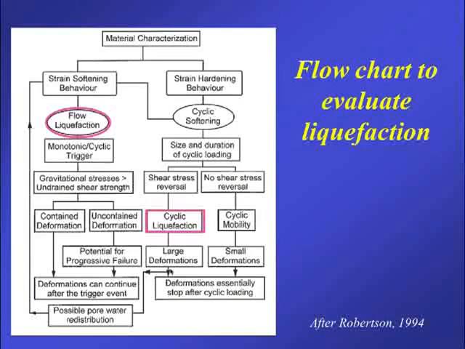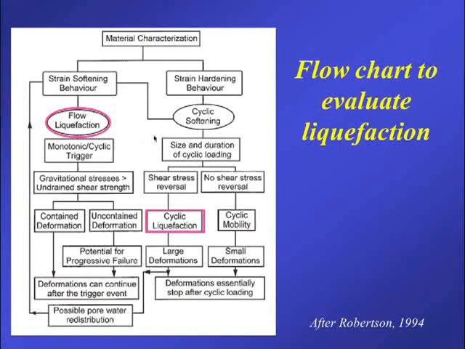But one of the things the flowchart also identifies is that you might have a material that's initially strain hardening, but because of a large earthquake loading, you induce cyclic liquefaction, you get large deformations. And then there may be pore water redistribution, and that may cause some of the surrounding soils to become looser, and then ultimately become strain softening, which could then subsequently trigger flow liquefaction.